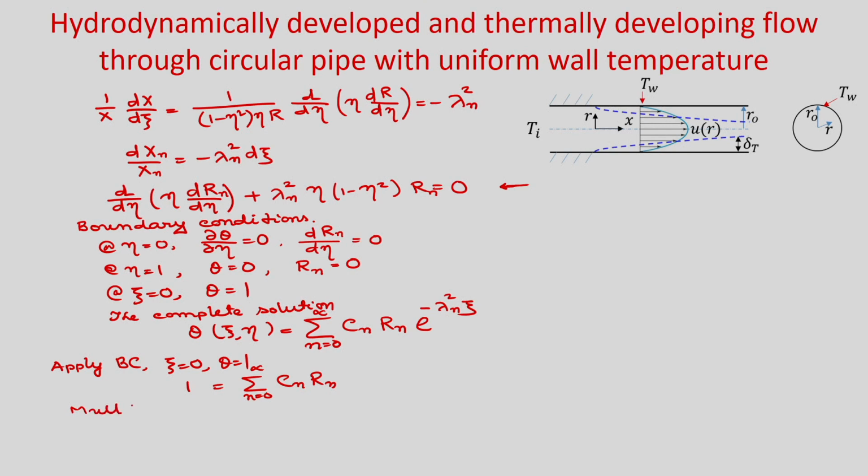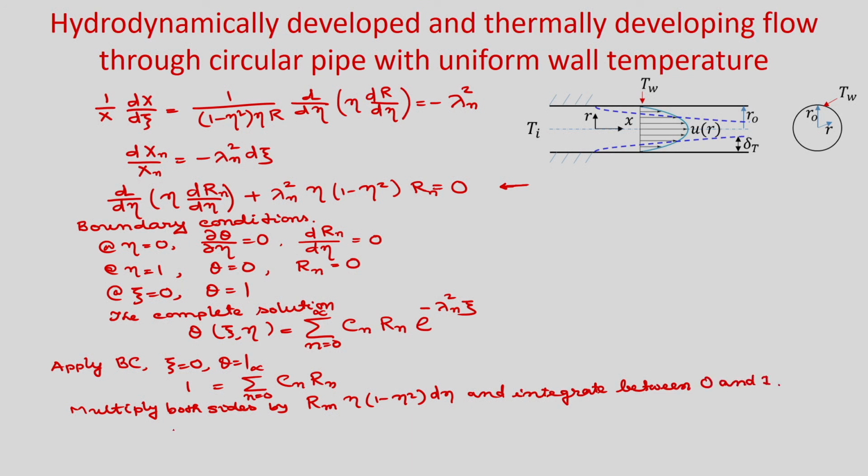So, multiply both sides by R m, the weighting function eta 1 minus eta square d eta, and integrate between 0 and 1.